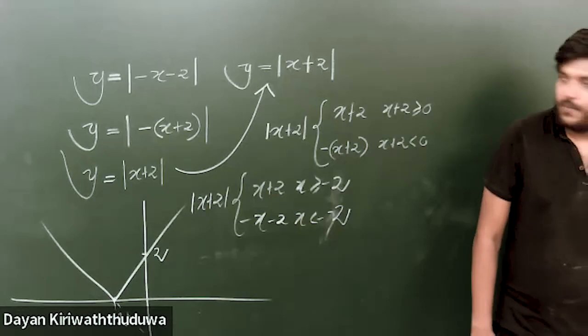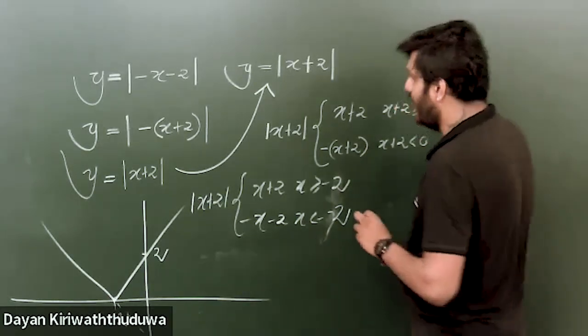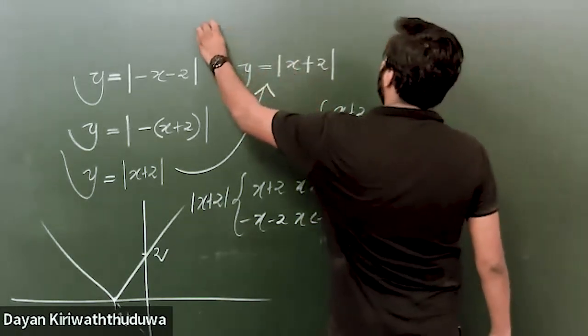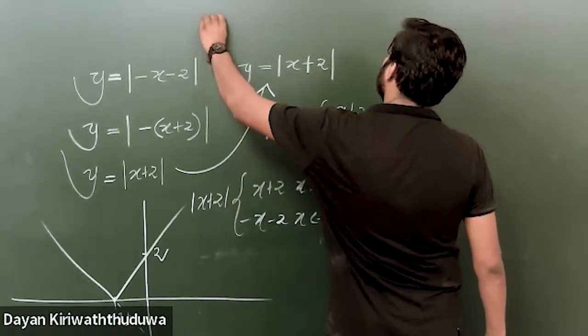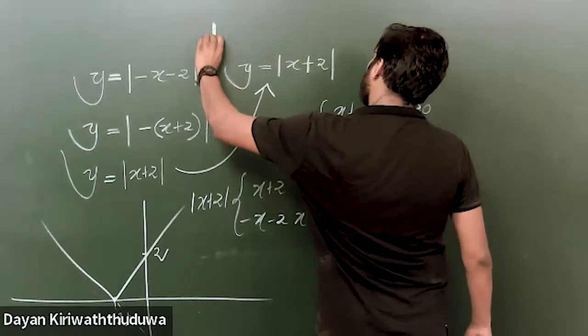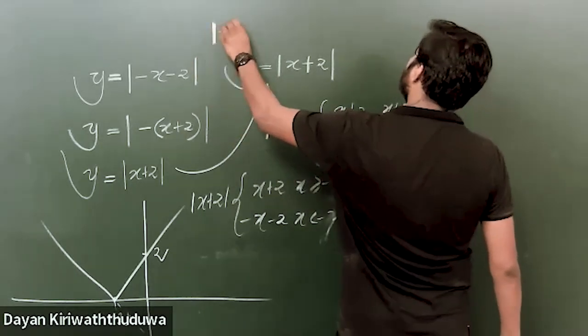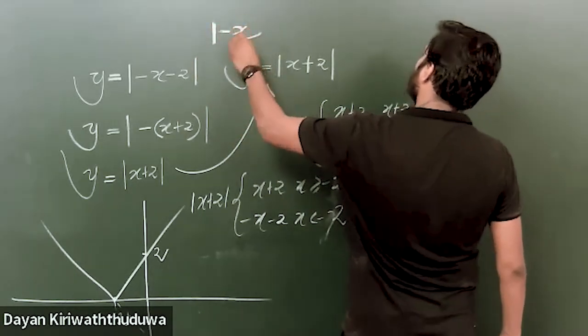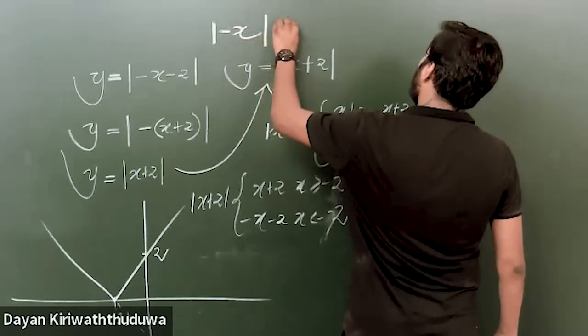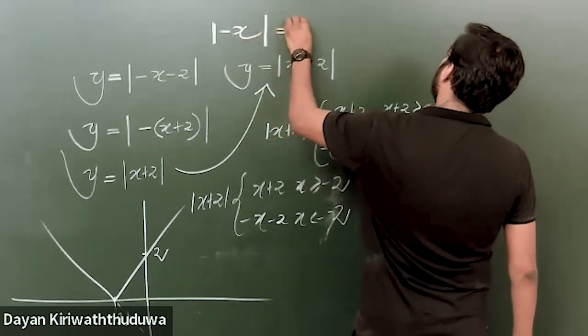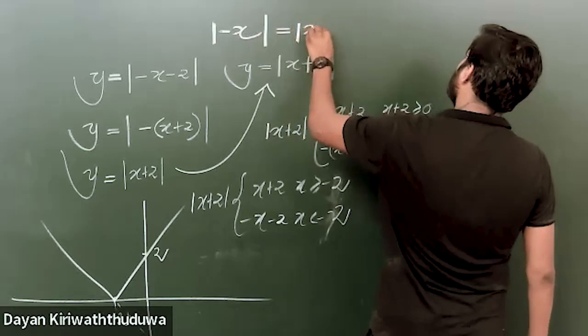So what's the special point here? The special point is that if you have something like this, modulus of minus x is modulus of x, right?